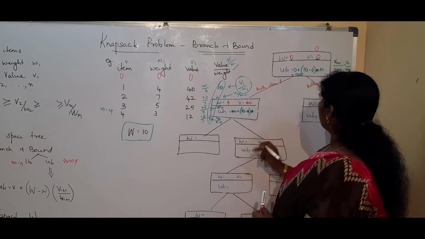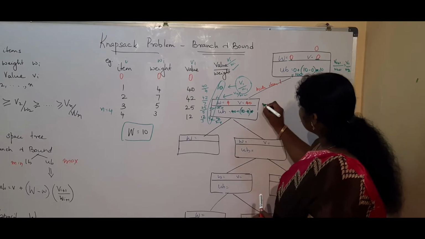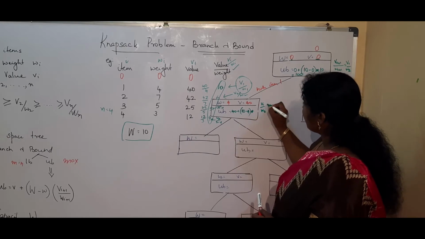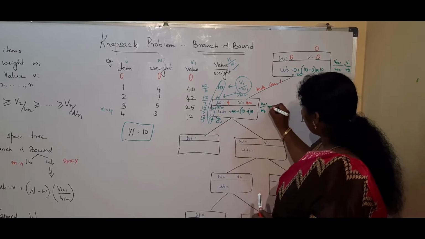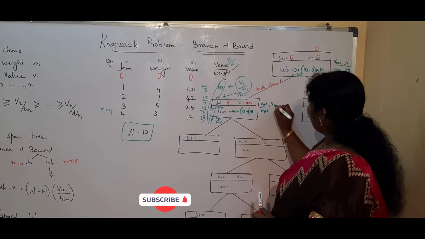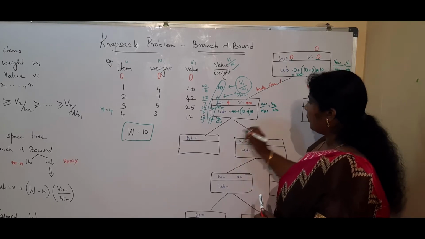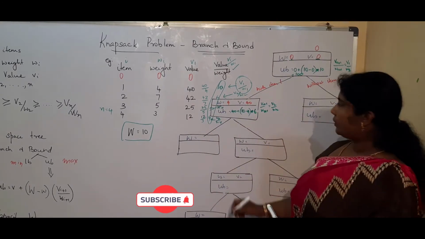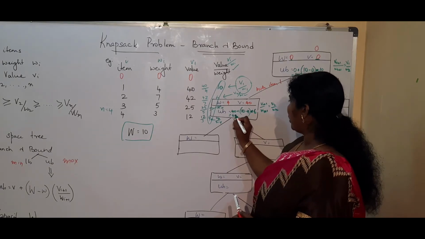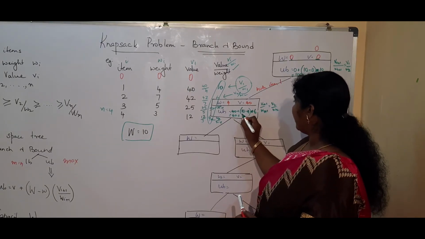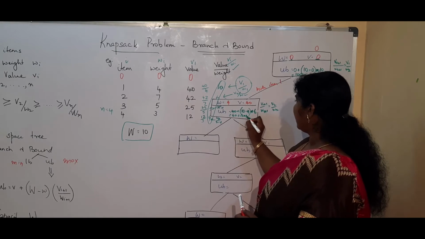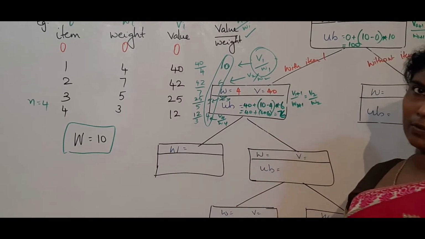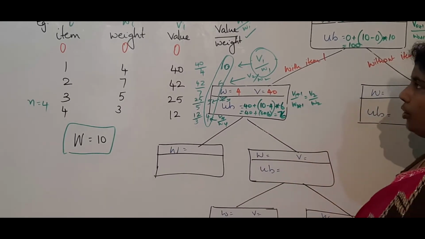Then this has to be multiplied by V1 by W1, sorry, if I add 1 here and 1 here, it's going to be V2 by W2. What is V2 by W2? It is 6. So here we have 40, and 6 into 6 will give me 36. So 76 is going to be my value here.